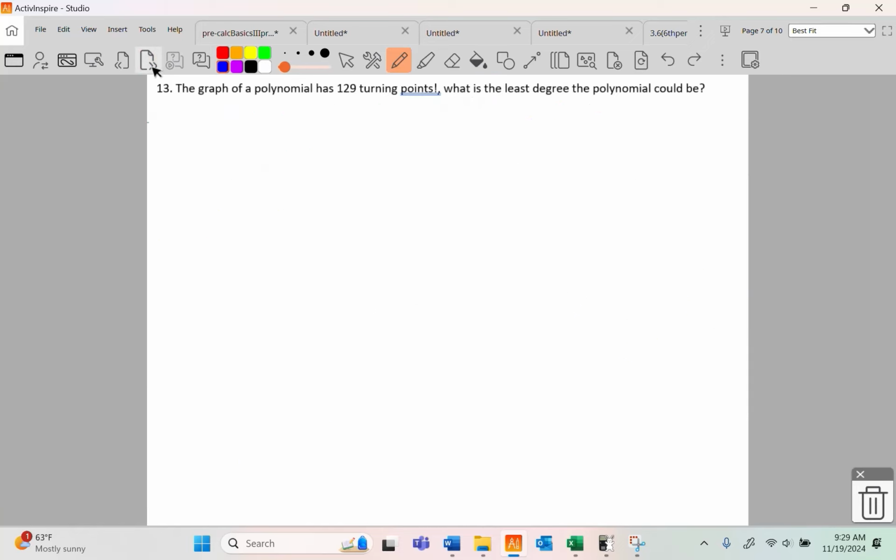13, the graph of a polynomial has 129 turning points. What is the least degree the polynomial could be? So the theorem is that x to the n has at most n minus 1 turning points. Now this one has 129 turning points.